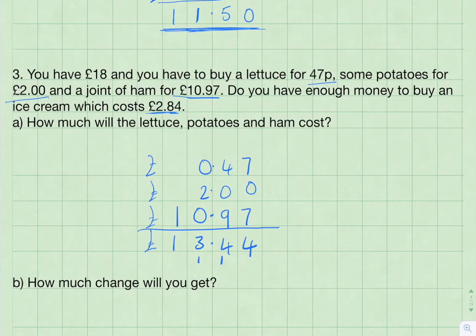So the lettuce, potatoes and the joint of ham will come to £13.44 altogether. So that's the answer to the first question.